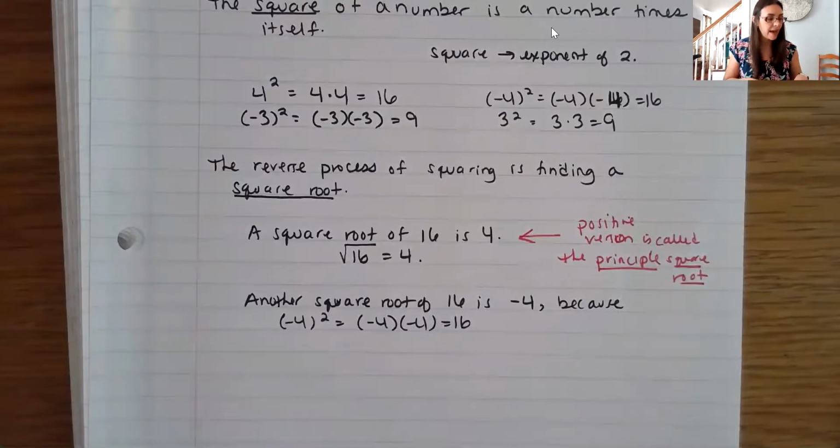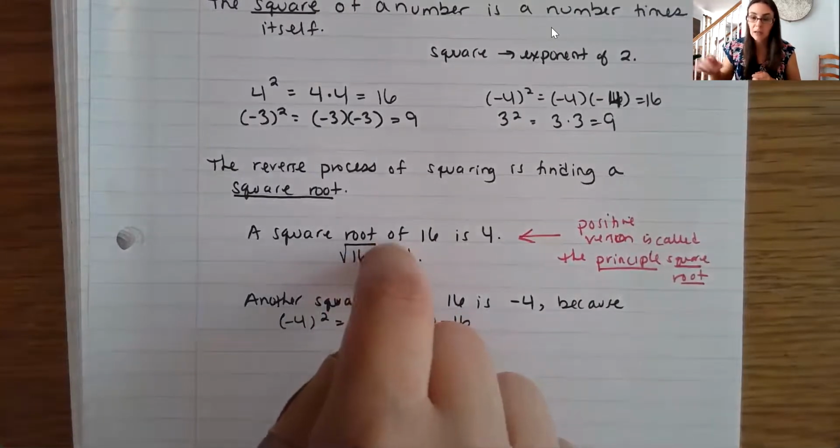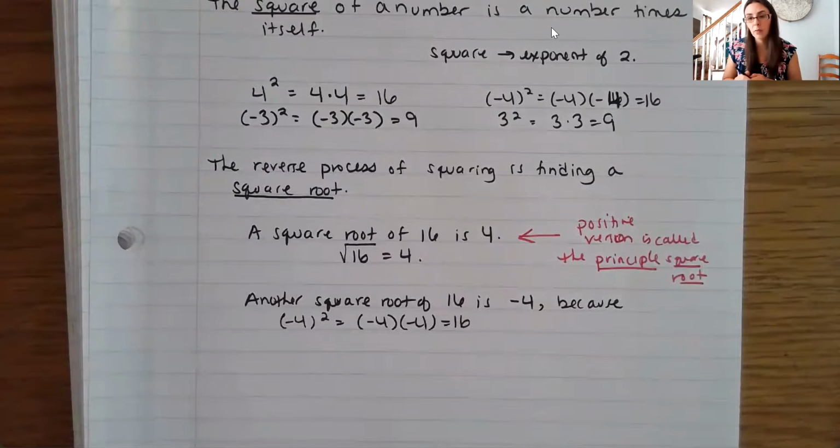But I will say that when we're talking about square roots and you're looking for an answer, it is typically the positive answer that is given. That is what we call the principal square root. So it's just something to watch out for. That yes, technically we do have 2, but when we're looking for the answer, it's the positive answer that we're given here. Okay.